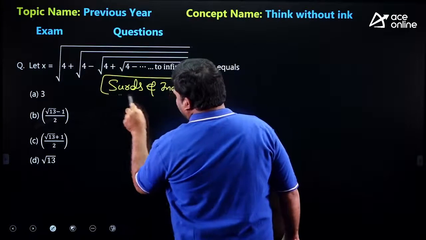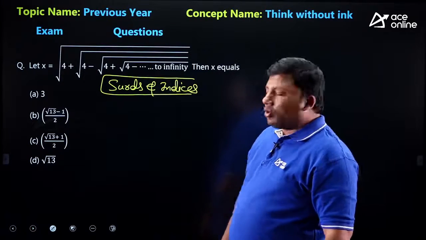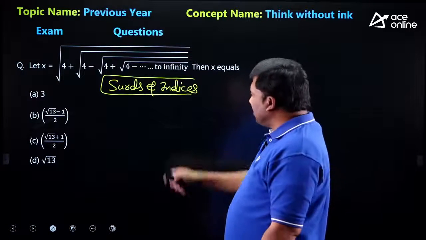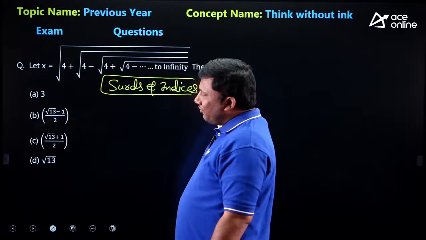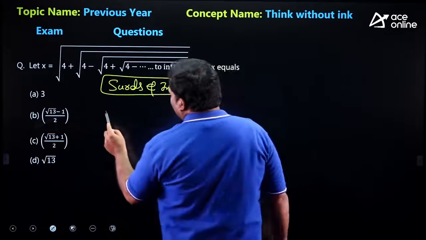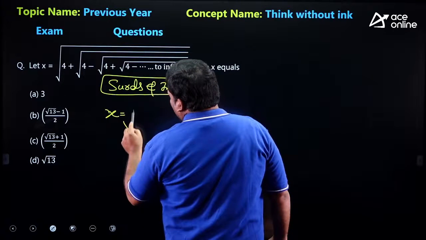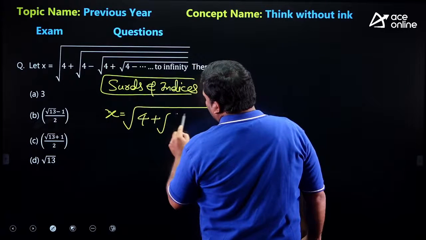x is equivalent to root of 4 plus root of 4 minus root of 4 plus root of 4 minus, and it is tending towards infinity. Find the value of x. Now, if you observe carefully, x equals the square root of 4 plus root of 4 minus.